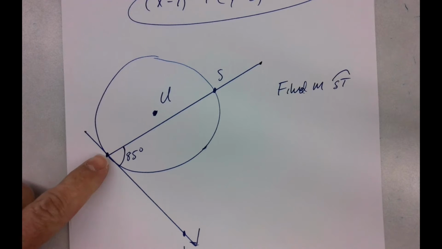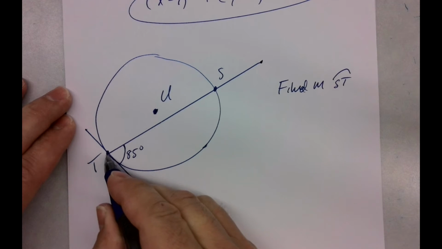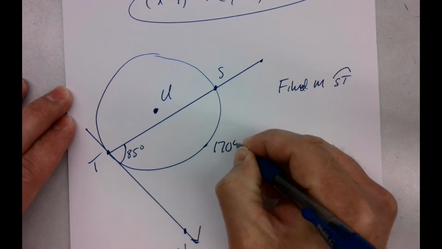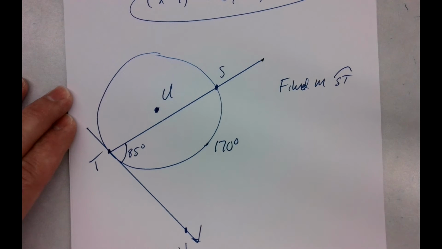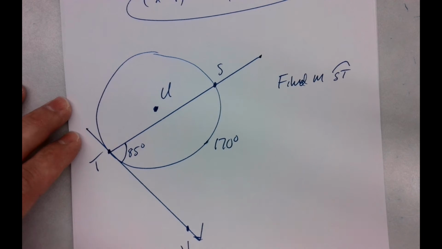Well, where's my vertex? Right there, but it's on the circle, right? So what do we usually do with the arc measure when it was on the circle? Times by 2, right? So if the angle is 85, what do you think this arc right here is? 170, right?